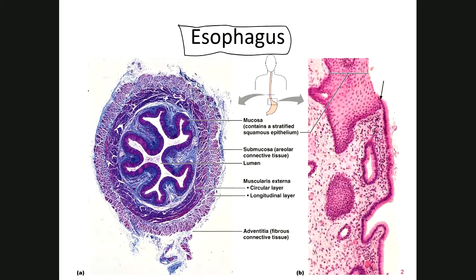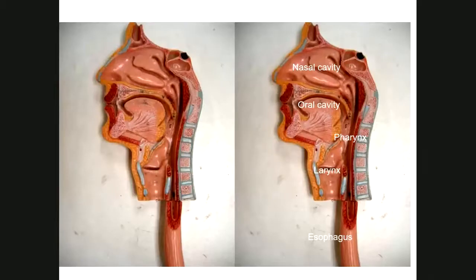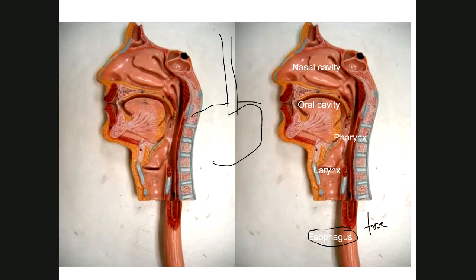So if we look at the esophagus, here's the esophagus right here. It's a tube. But look where it is. It comes down from the throat like this. It passes through the diaphragm to get to the stomach. And so the esophagus is not in the abdomen, it's in the thorax.